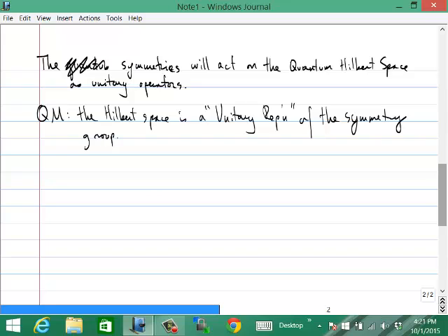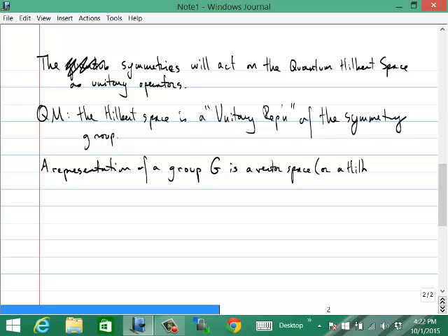And here, the use of the word unitary representation, maybe I should just describe that for a second. So when we say a representation of a group, well, what is a group? A group is a set of elements that have a multiplication law. And a representation of some group, what is it? Well, it's a vector space or a Hilbert space.